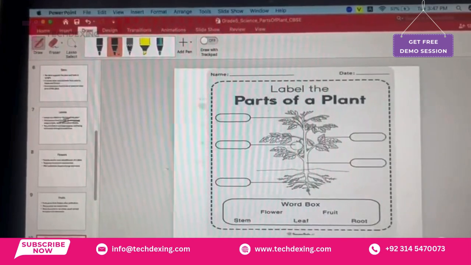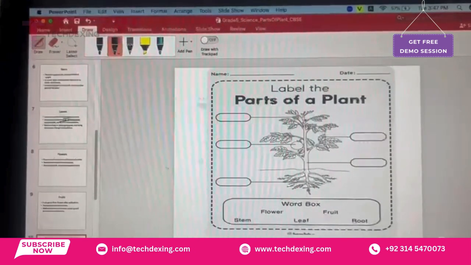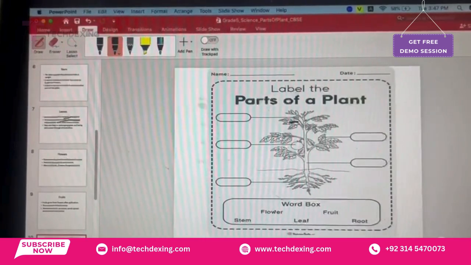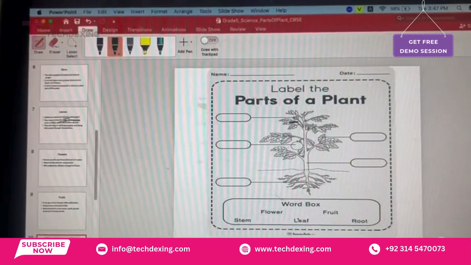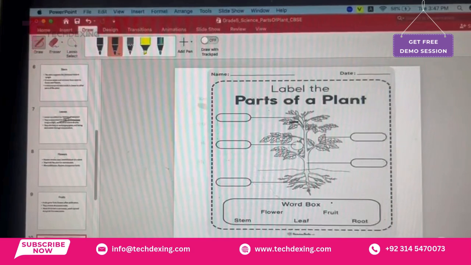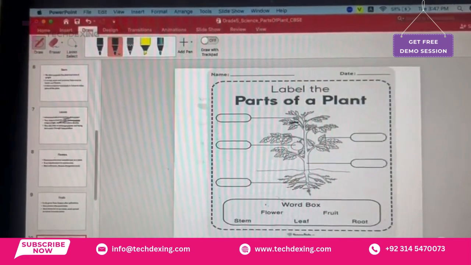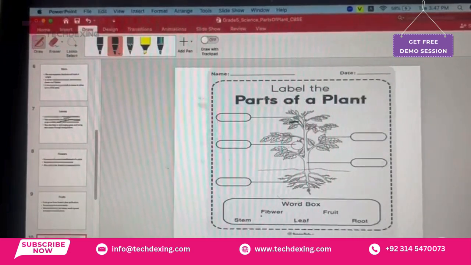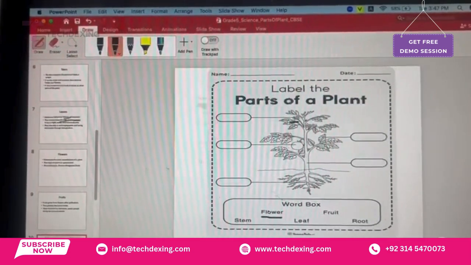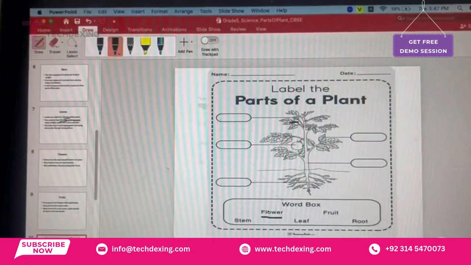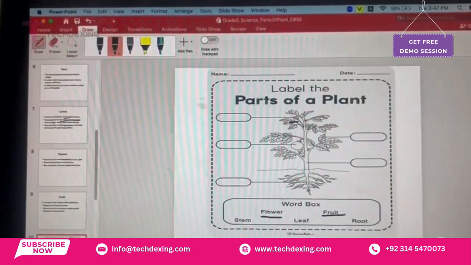These are the parts of a plant you have to label. What is this? Is it a flower? No, it's a leaf. It's a fruit. It's a root. It's a stem. Yes, it's a flower. Then what is this? This is a fruit.